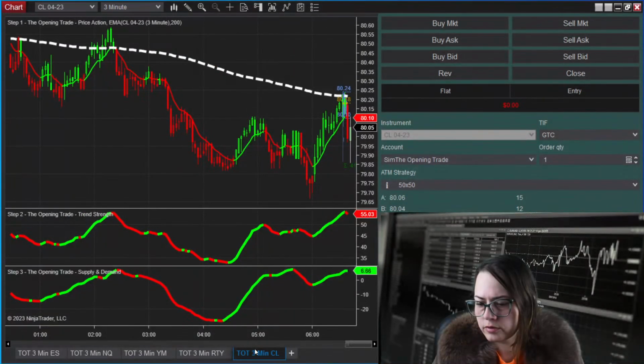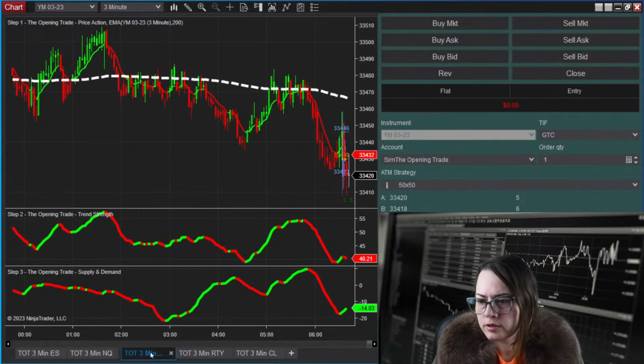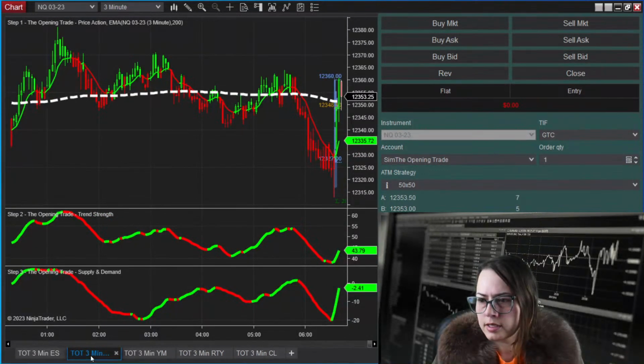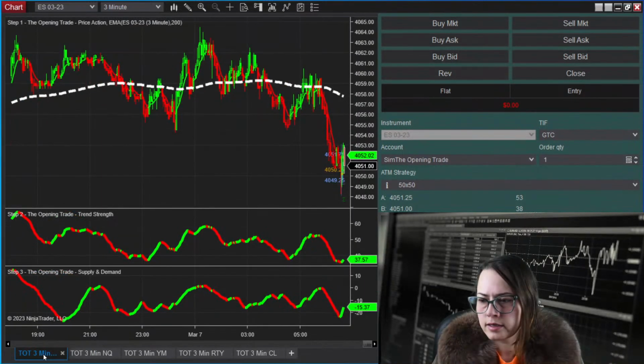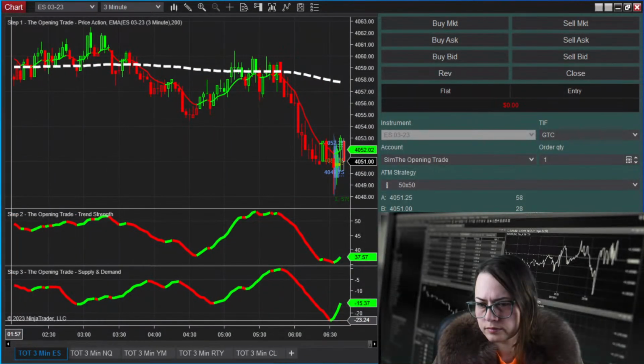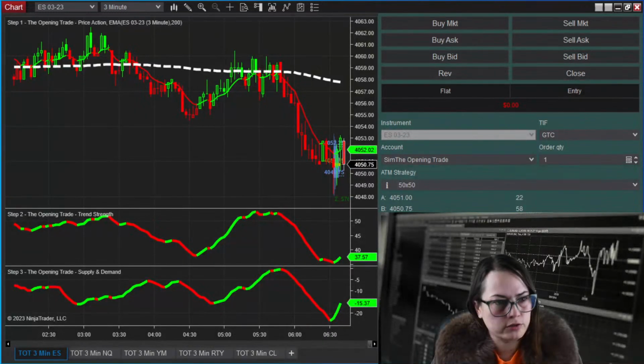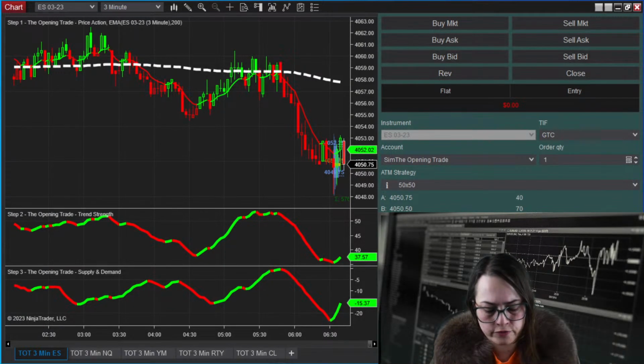All right, so here we have the crude oil chart, the Russell, here's the YM, the NASDAQ, and the S&P. So we're going to take a look at these charts here for a second.